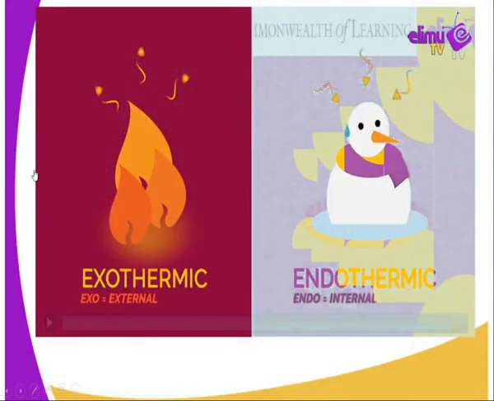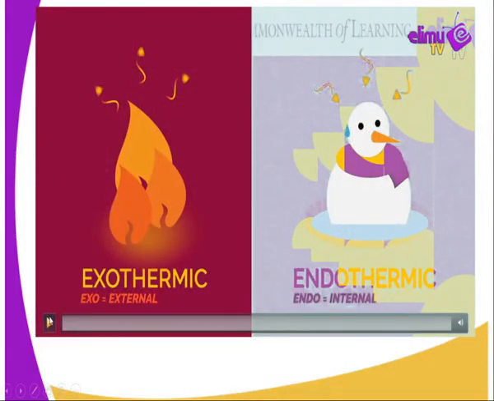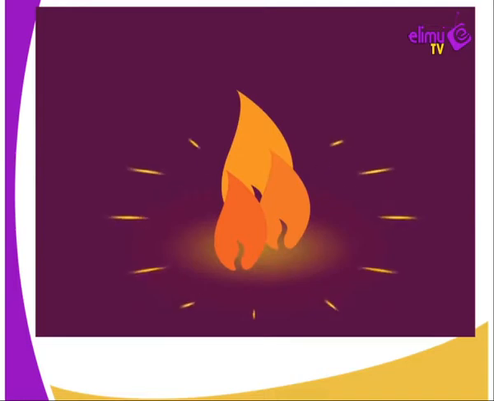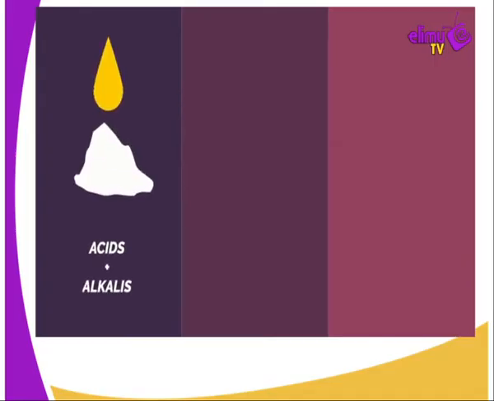Now let's look at this illustration on exothermic and endothermic reactions or processes. In an exothermic reaction, as we have said, energy is evolved, it is lost to the surrounding. Some of the processes that involve exothermic reactions or changes include the reaction of acids with alkalis.